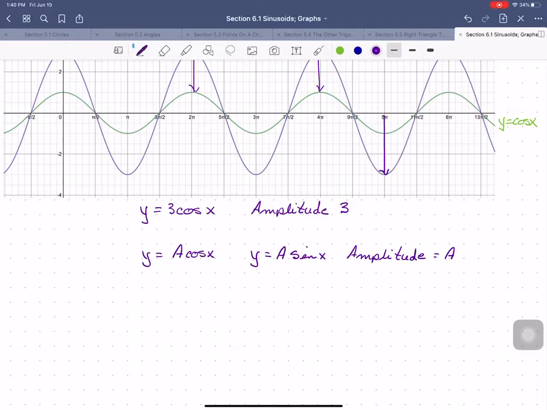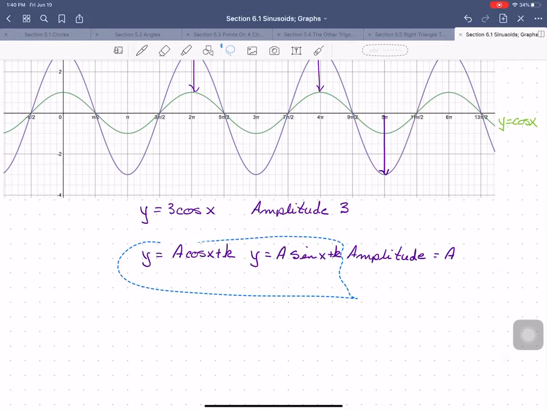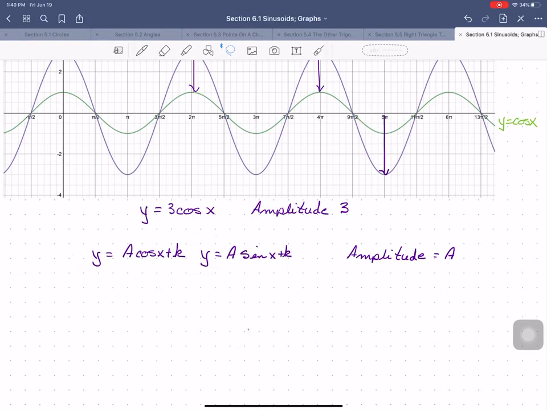And in fact, if I add a plus k to these, so now I'm looking at the functions y equals a cosine x plus k and a sine x plus k, these functions are going to have their midlines at the line y equals k.